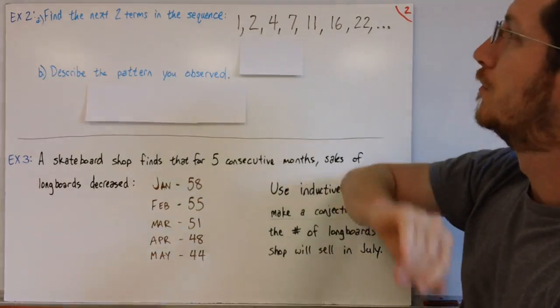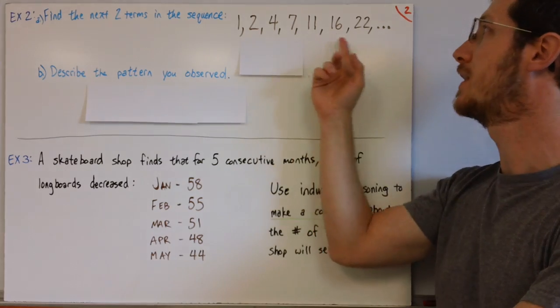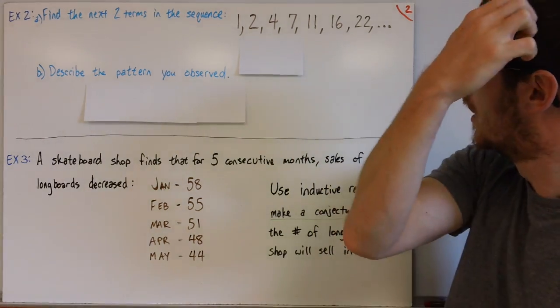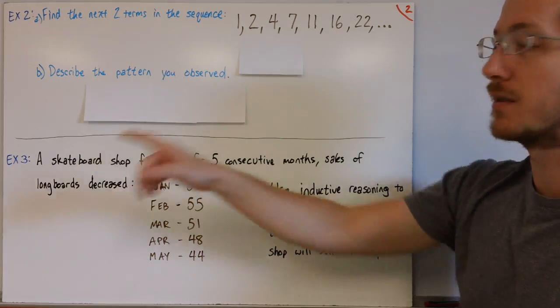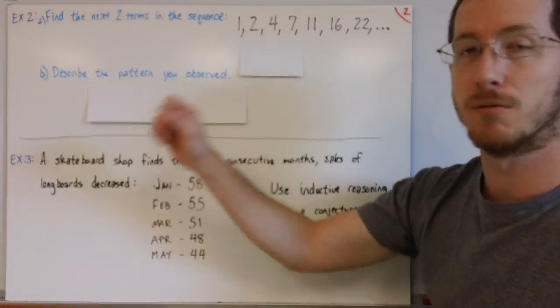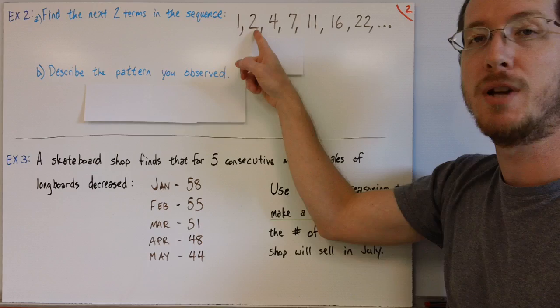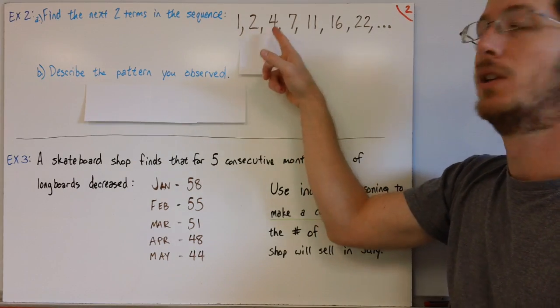Okay, example 2. Next two terms in the sequence. We've got 1, 2, 4, 7, 11, 16, 22, and so on. We want the next two terms. Well, we can start off like the last one. In example 1, we added 2 to the previous one. So if we go from 1 to 2, we add 1. 1 plus 1 is 2. 2 plus 1 doesn't give us 4.